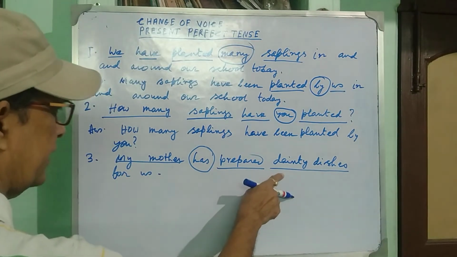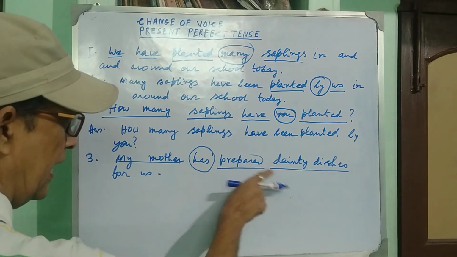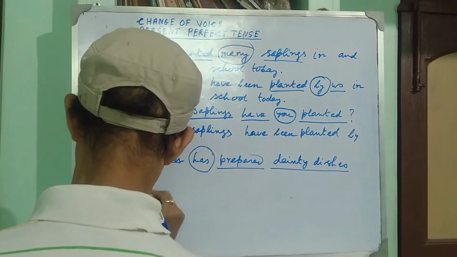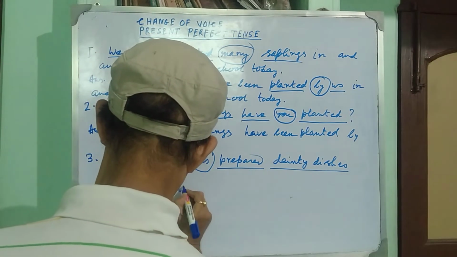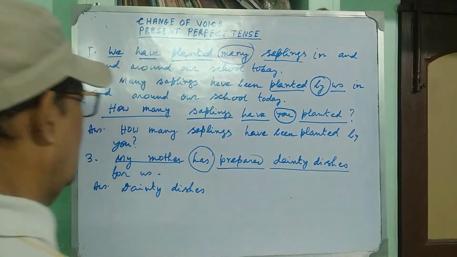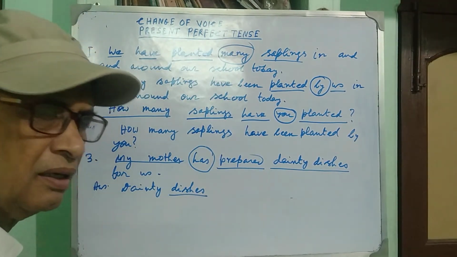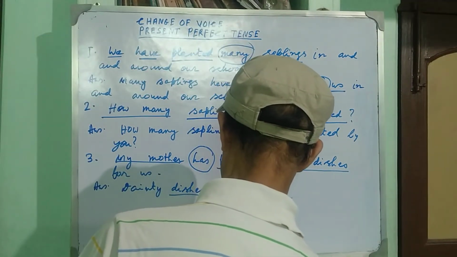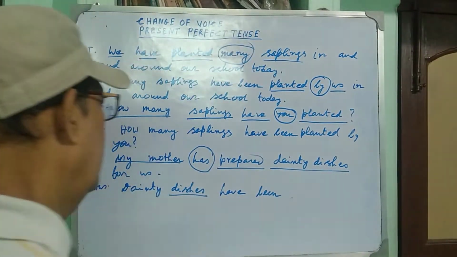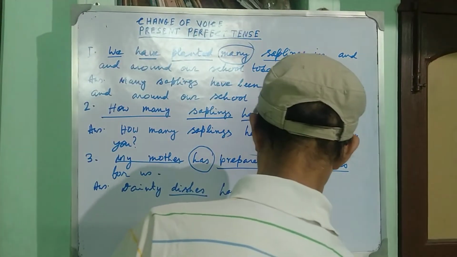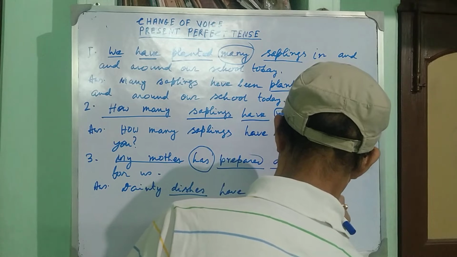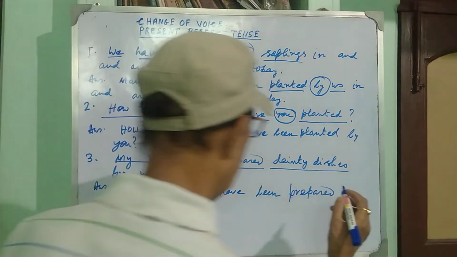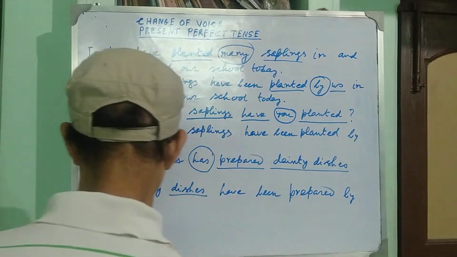So let us take dainty dishes as subject. Dishes is plural number. Naturally, I select to use have been. Dainty dishes have been prepared by my mother.